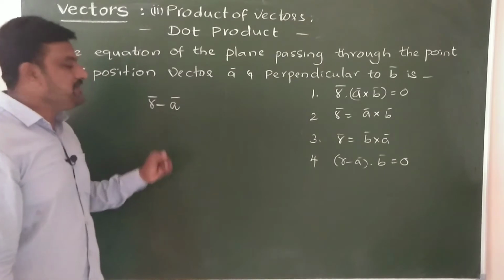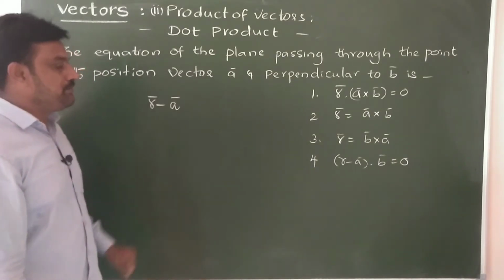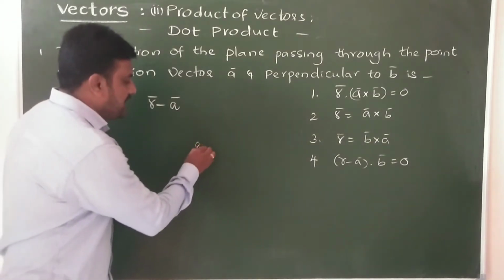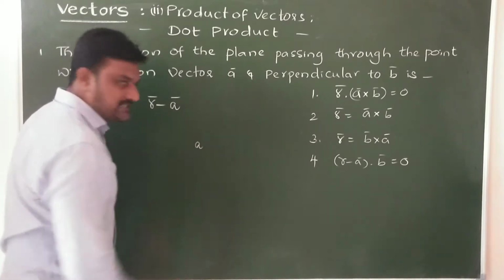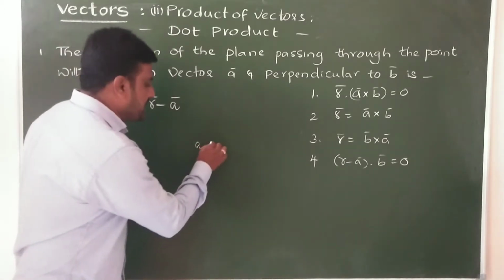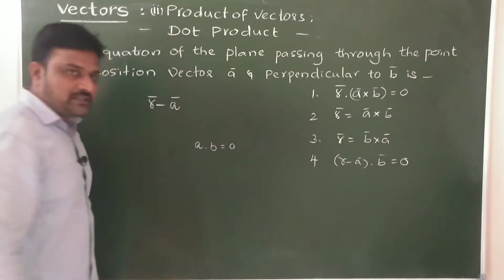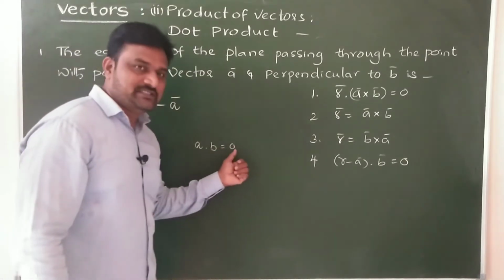Suppose A and B are perpendicular to each other as vectors, then A dot B equals 0. The dot product will be 0.